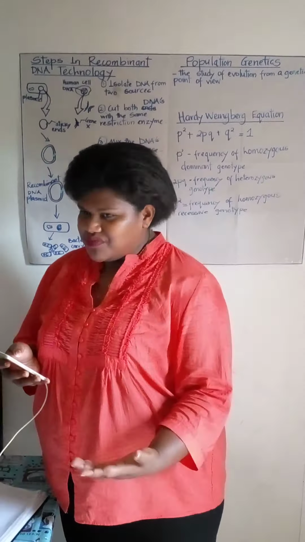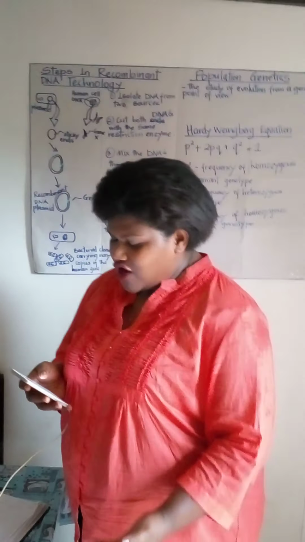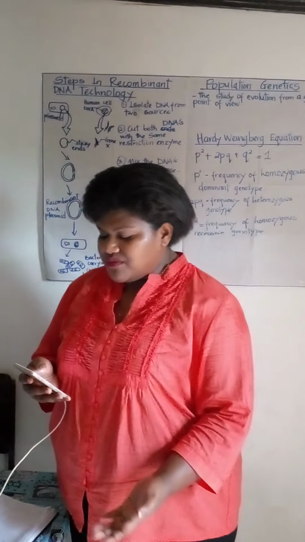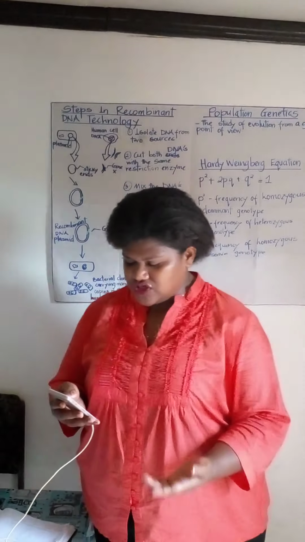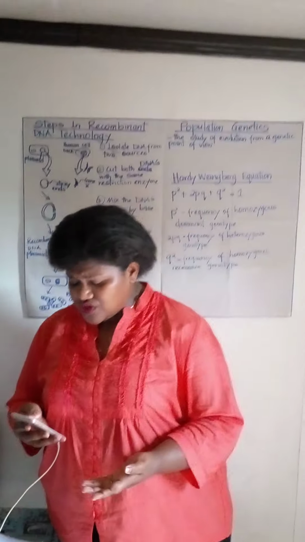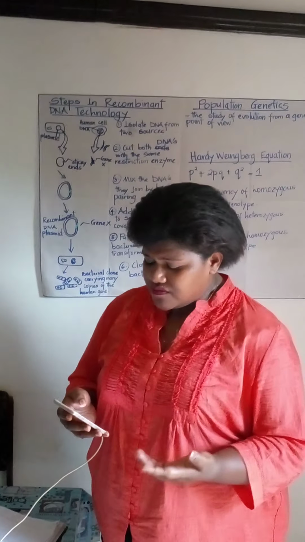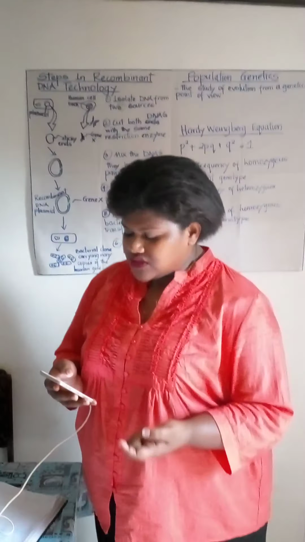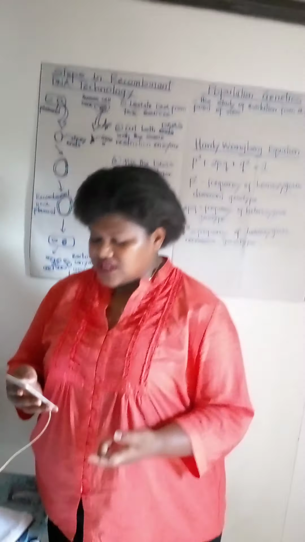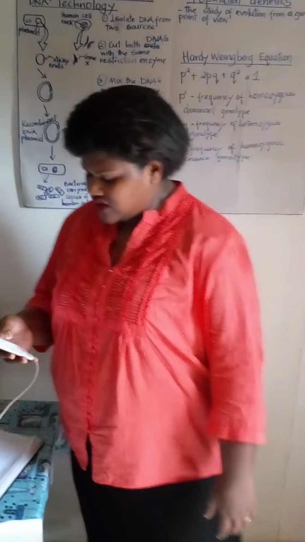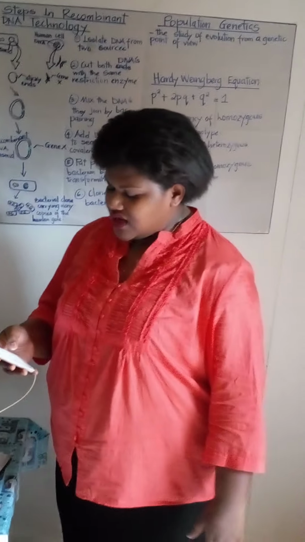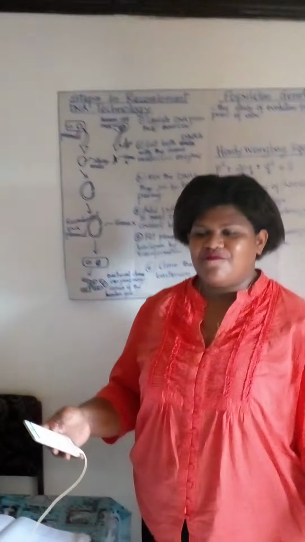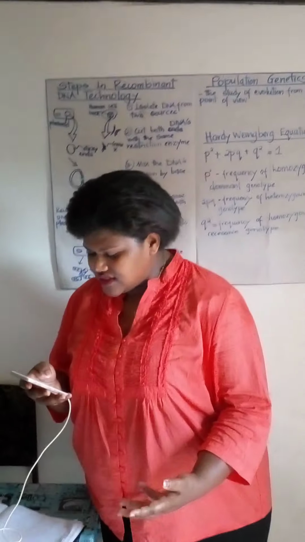The Hardy-Weinberg principle, also referred to as Hardy-Weinberg equilibrium, is a fundamental concept in population genetics, a mathematical equation describing the distribution of allele forms of a gene in a population, and it expresses conditions under which allele frequency is not expected to change. The Hardy-Weinberg principle has a formula.